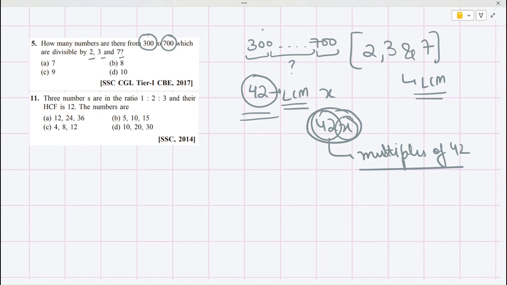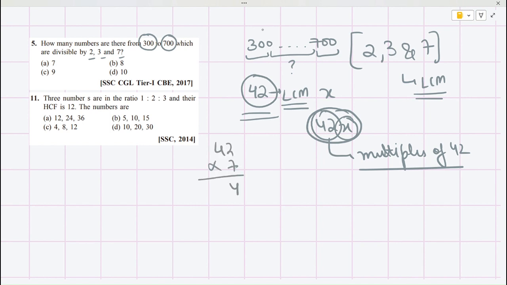For example, to get 300, see, till 100 we have 2 times 42. Like we are going by the approximation. Then if we do it 4 times, 42 multiplied by 4 will reach up to 200 approximately. Then for 300 we can take the approximation as 7, like 42 multiplied by 7.